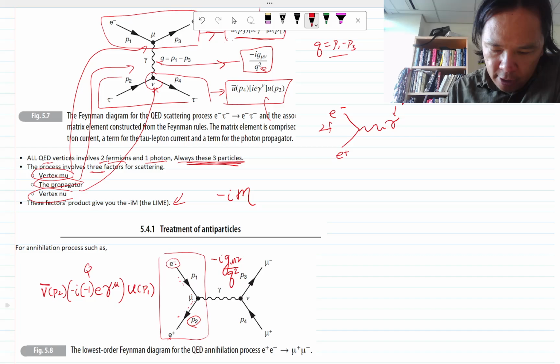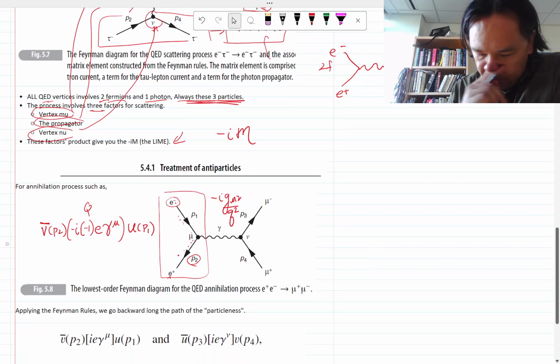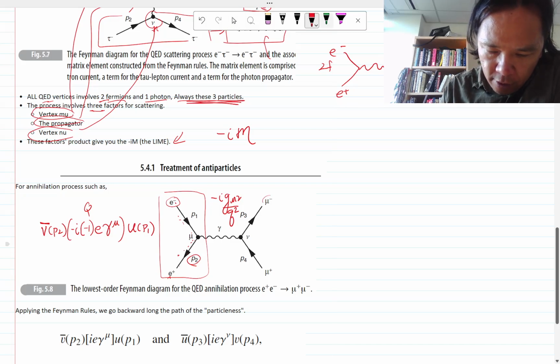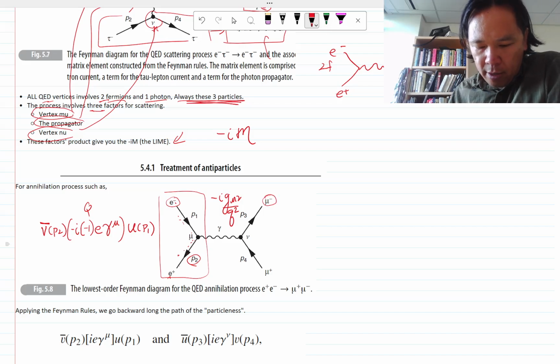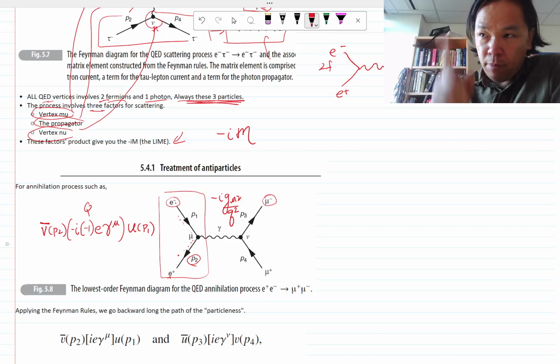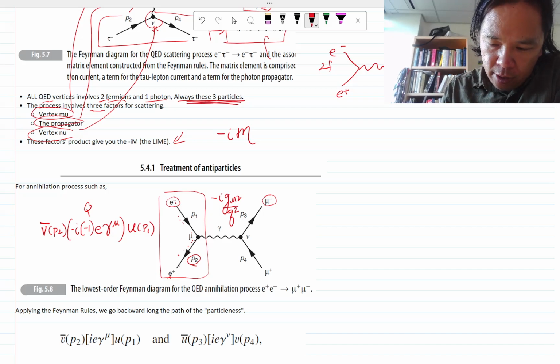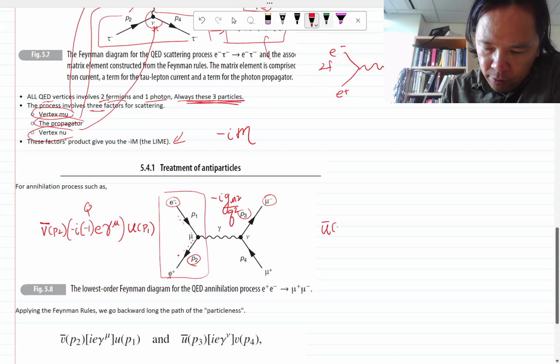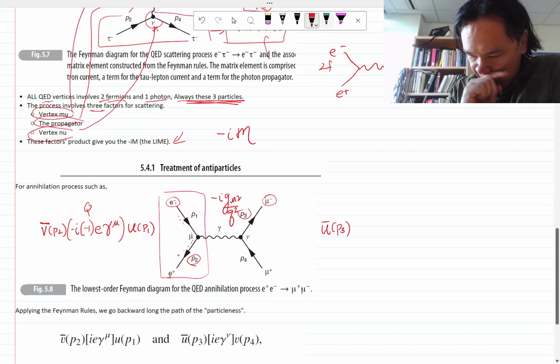Once again, I'm going to go backward. We have an outgoing mu minus, a particle, but outgoing, so I want the adjoint of this, labeled with momentum p3.